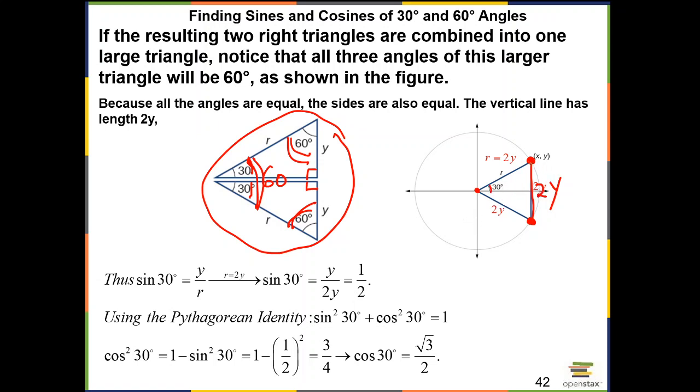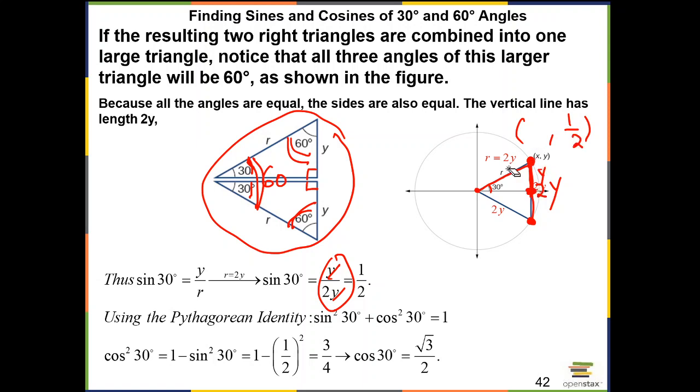Well, it would be this distance here, which is half of 2y, which is y, divided by the hypotenuse, which is 2y again. So y over 2y, the y goes away, so we get 1/2. So the sine of 30 degrees is 1/2.